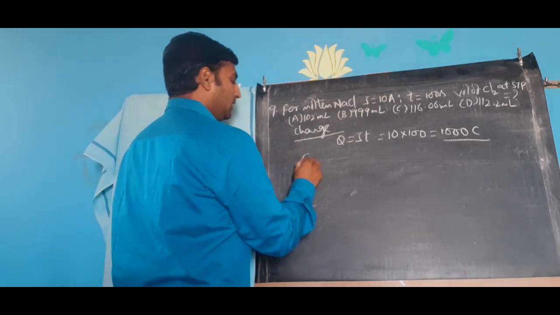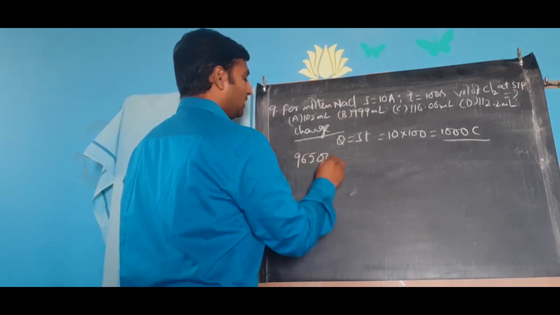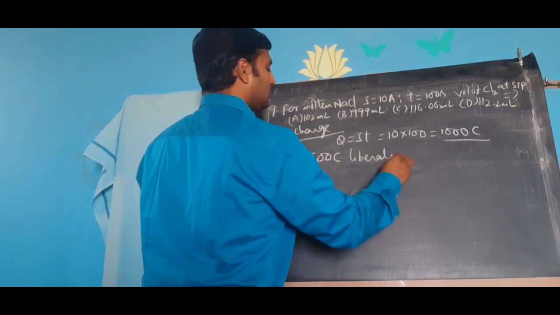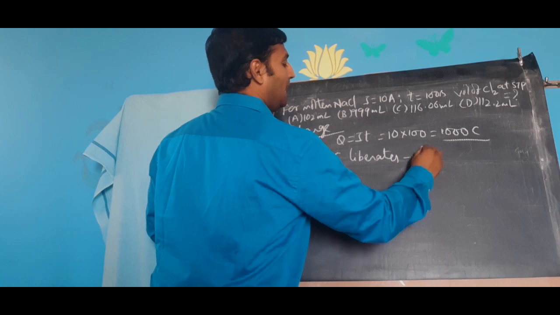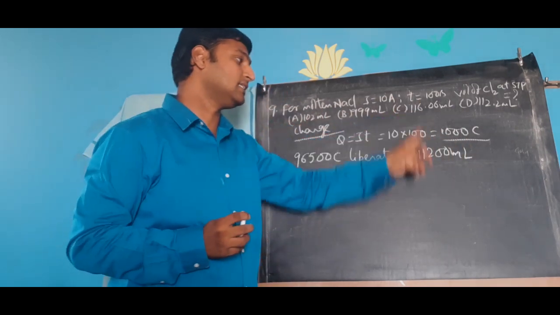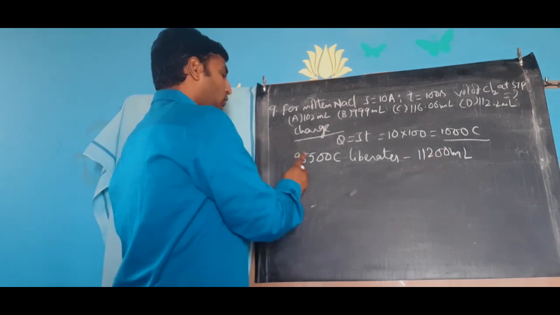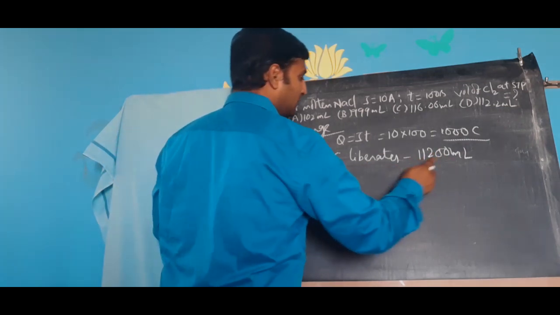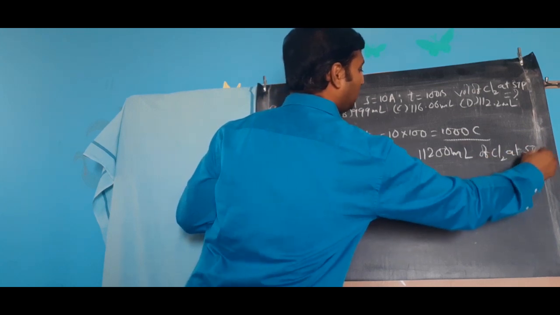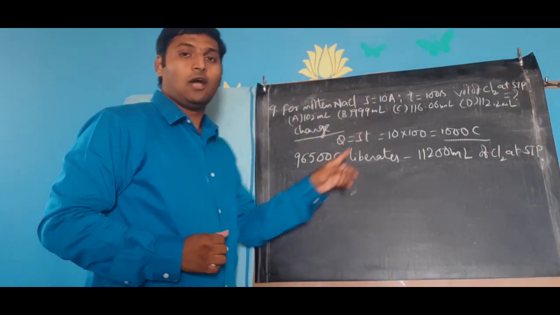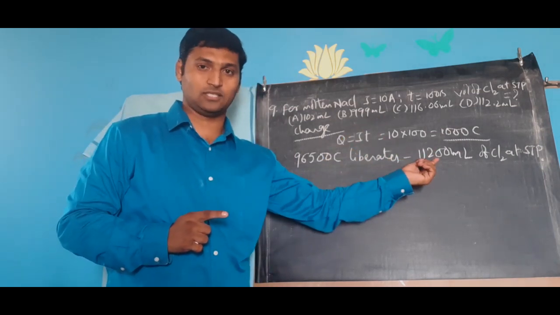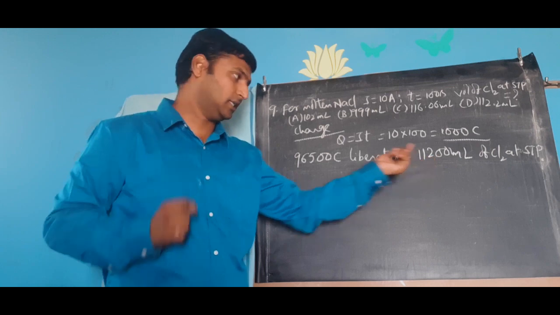So I would write 96,500 coulombs liberates 11,200 milliliters. Because he needs the answer in milliliters, I am taking milliliters only. So 96,500 coulombs liberates 11,200 milliliters of chlorine at STP. While explaining the product formation during electrolysis, I have already explained you this. But let me quickly repeat it.